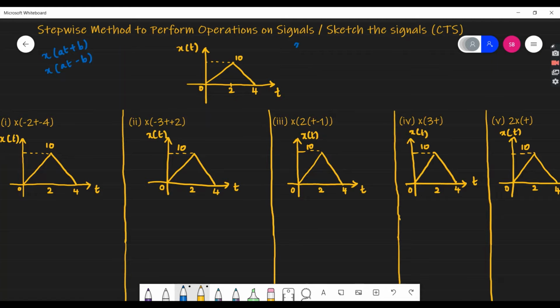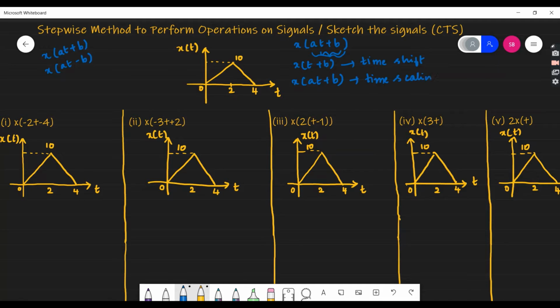Let me consider an example of x of at plus b type. Here I have a shift operation in terms of x of t plus b, and at plus b involves a time scaling operation. So this comprises both time shifting as well as time scaling.